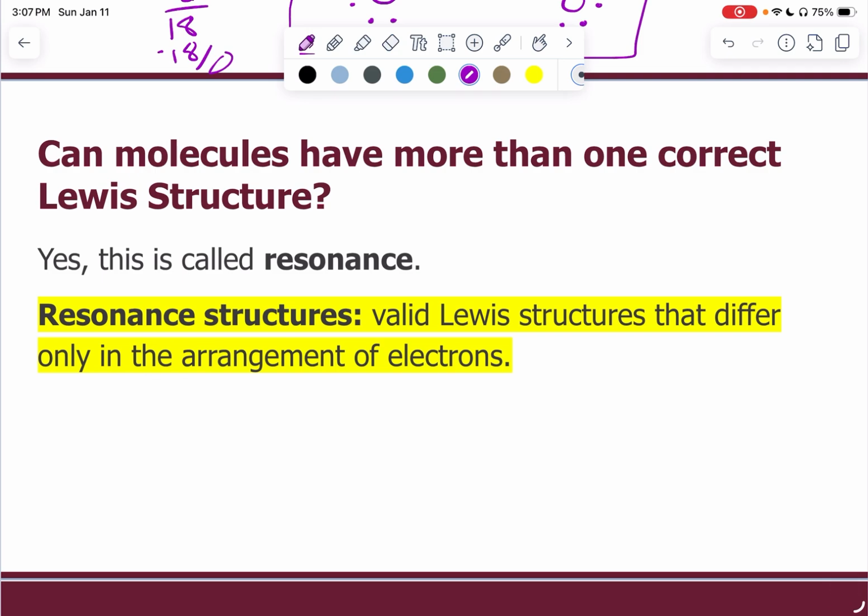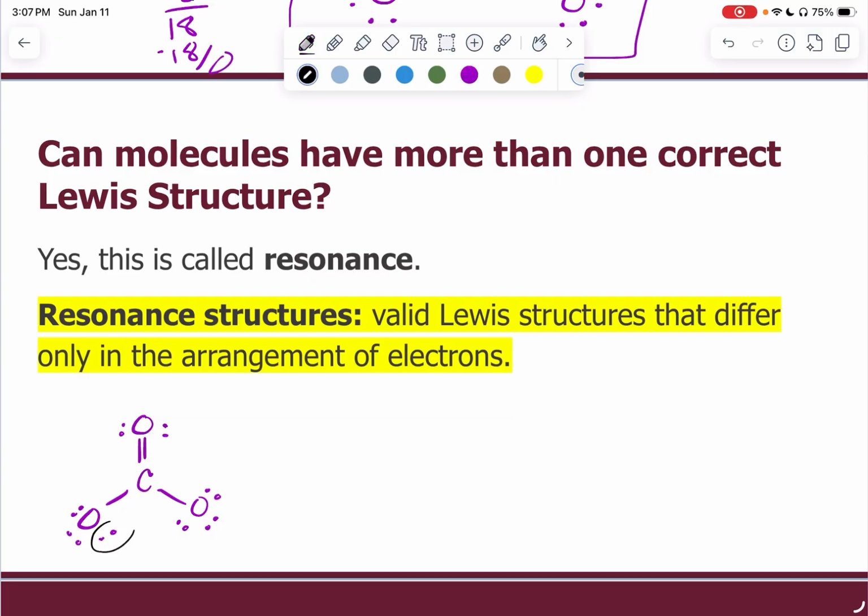I'll just do a quick example here. I'll just do the same thing with carbonate. So we had C, we had double bond O, and then O and O. And yeah, I'm drawing it a little bit different here. So this is actually something that comes up a lot in organic chemistry as well, where you're kind of moving or pushing electrons around.